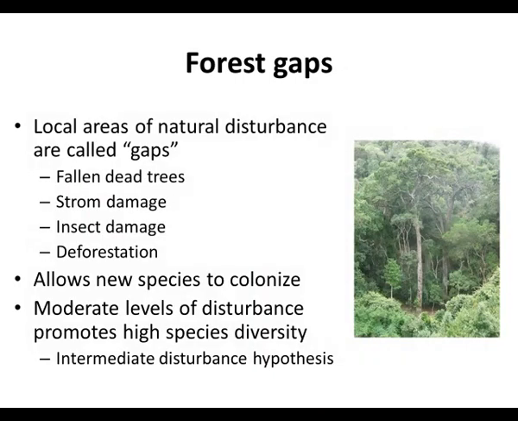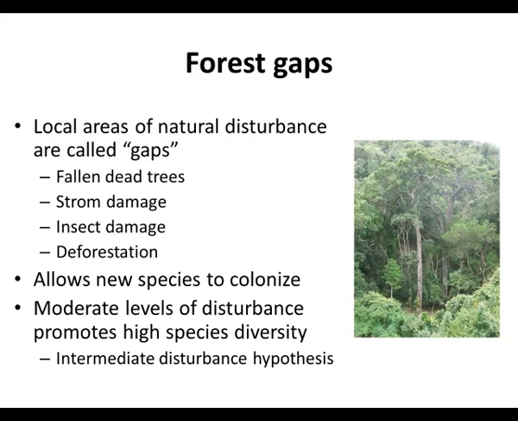Okay, so let's talk a little bit about the forest gaps. Basically, local areas of natural disturbance are called gaps. So in the rainforest, you may actually identify some gaps. So fallen dead trees and sometimes storm damaged areas and insect damaged areas, and sometimes even people clear parts of the forest.